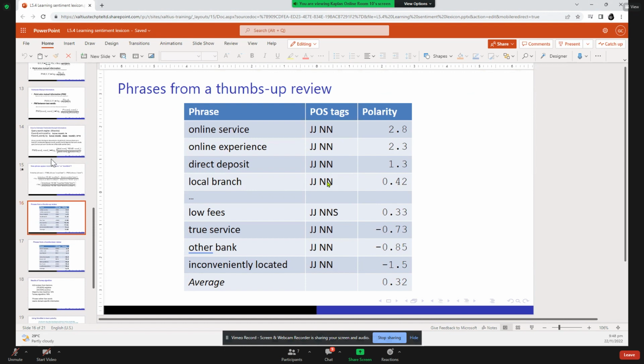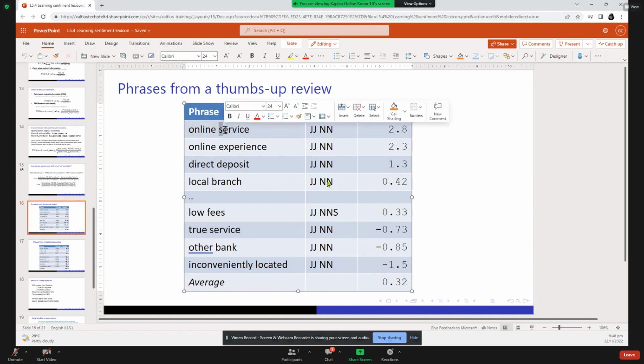Again, this is an experiment that has already been performed by somebody. It has been seen that words like online service, an adjective and a noun, have a polarity of 2.8. Online experience has a polarity of 2.3. Direct deposit has a polarity of 1.3. Local branch 0.42.